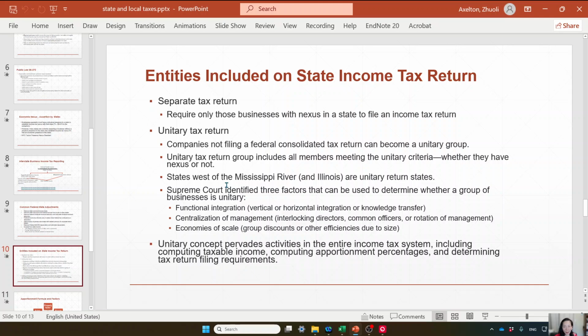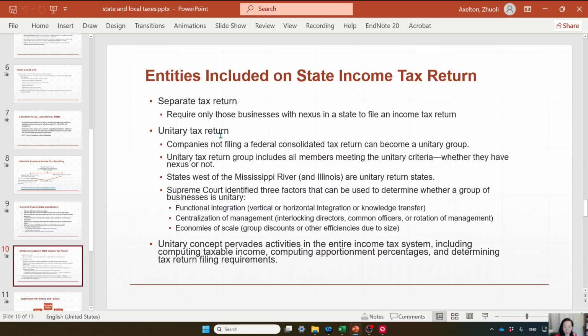And for entities included on a state income tax return, this is similar to the consolidated return concept at the federal level. The business could choose to file a separate tax return, which means only those businesses with nexus in a state are required to file an income tax return. Or the business can choose to file a unitary tax return.